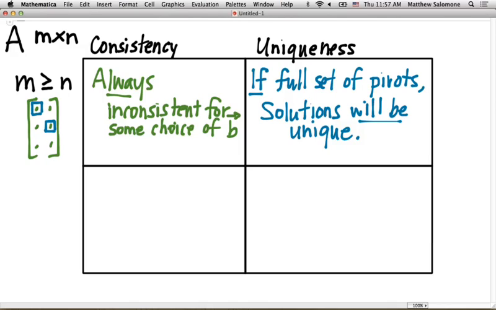Because for systems that are at least as tall as they are wide, we can get uniqueness of solutions. In order to get that, though, we have to have a full set of pivots. If we're still missing a pivot column, then we're definitely going to get non-uniqueness. But it is possible for every column to have a pivot when the matrix is at least as tall as it is wide. So uniqueness is possible here, whereas consistency is not always possible.